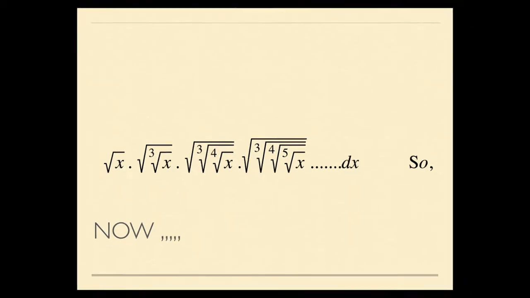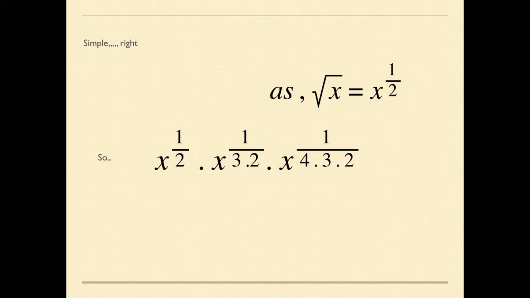So square root of x can be written as x to the power 1 by 2, right? Now, if you break down each and every root, cubic roots, fourth roots, and fifth roots, you'll be getting it in this way. So x to the power 1 by 2 times x to the power 1 by 3 times 2 times x to the power 1 by 4 times 3 times 2. If you add further, you might get times x to the power 1 by 5 times 4 times 3 times 2.